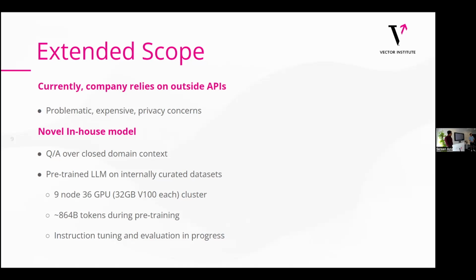There's also all the issues of privacy concerns, especially when you partner with different firms. A lot of them are not interested in having their internal data be sent out to Google or OpenAI or something else. So what we have figured out we need is an in-house large language model to perform a lot of these question answering tasks for us.